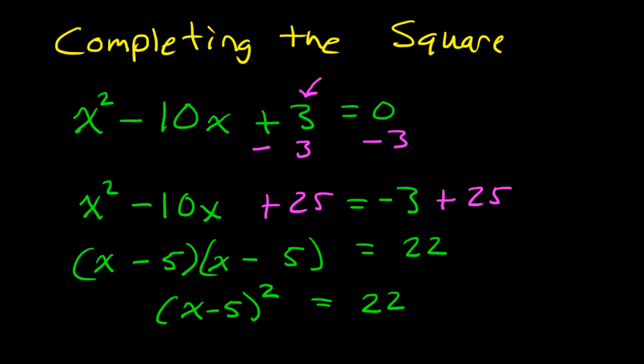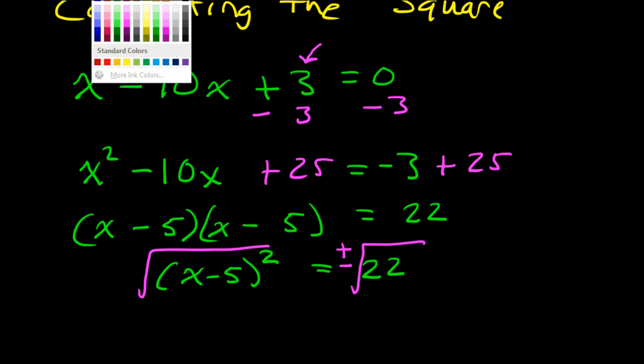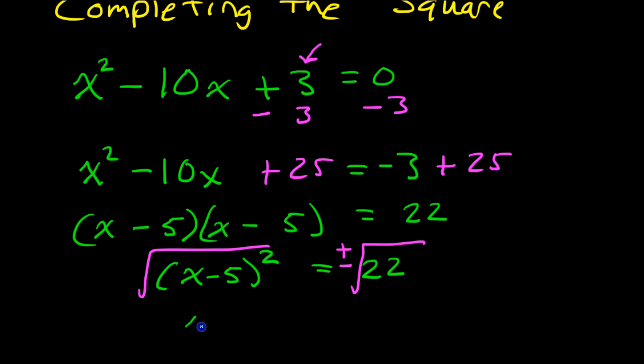Now, in previous lessons, we've learned how to unsquare things. We unsquare things by taking the square root of both sides. Don't forget that the solution could be positive or negative, so we'll do plus or minus. So this unsquares the x minus 5. That leaves us with x minus 5 is equal to plus or minus radical 22.